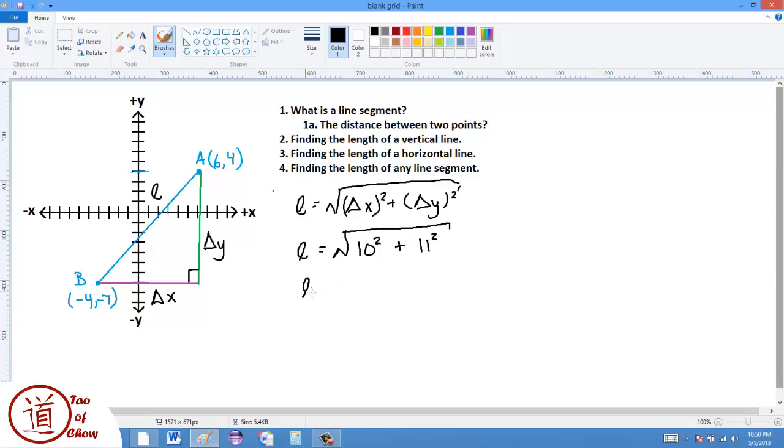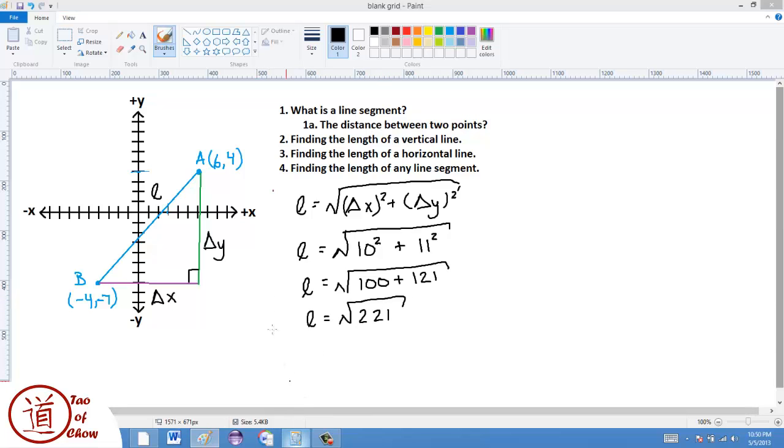So the length here is equal to the square root of 100 plus 121. So the length is equal to the square root of 221.